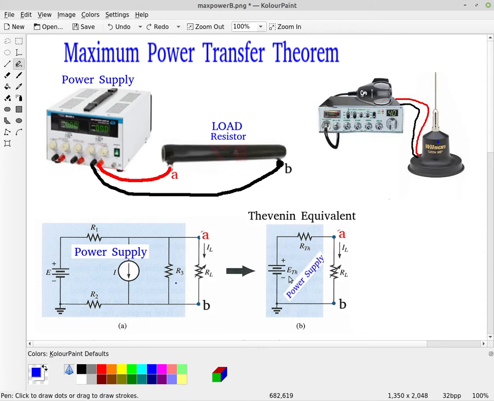So we have this voltage supply, which has a value called E Thevenin, and an impedance or a resistance. If all you have are resistors inside, it would just be a resistance, again whether it's AC or DC, and we call this resistance R Thevenin.